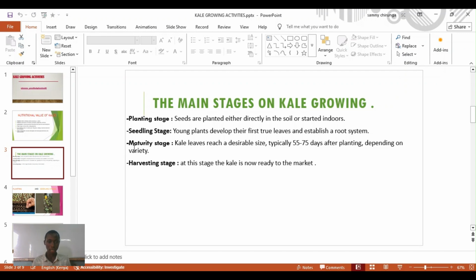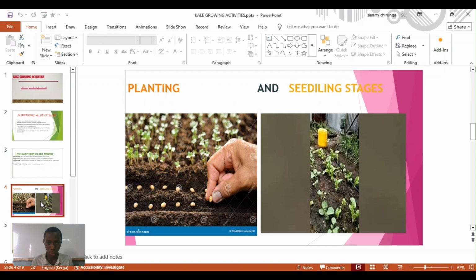Having that in mind, let me now show you the stages in picture form or images, whereby it enhances learners' retention. That's why I have decided to come up with these photos, for more retention gain.